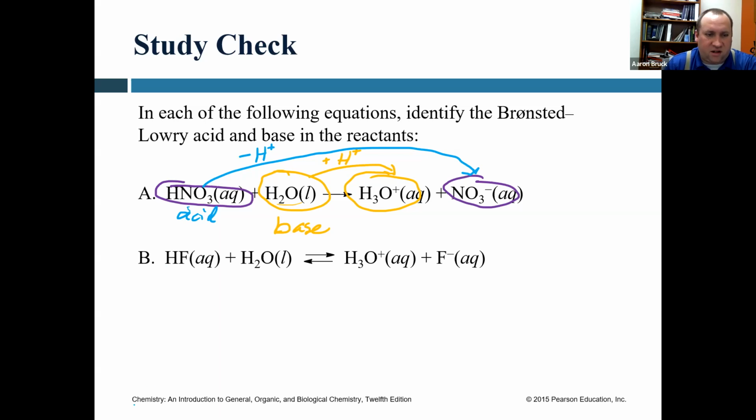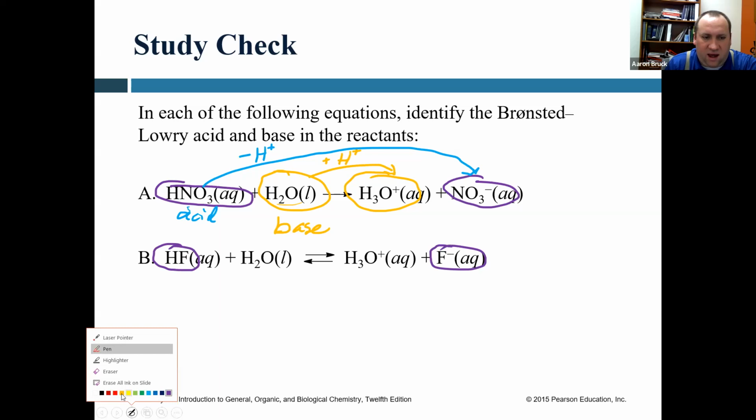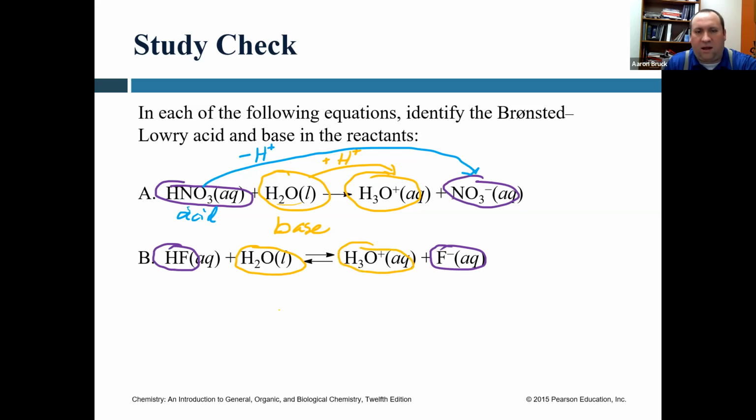Let's look at another set of circumstances. HF reacts with water to make H3O plus and F minus. Once again, it's in our best interest to pair together the things that are the most alike and see how they change. If we can do that, it'll help us to understand better what was happening here.